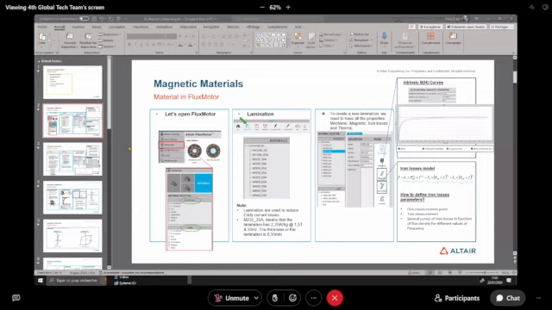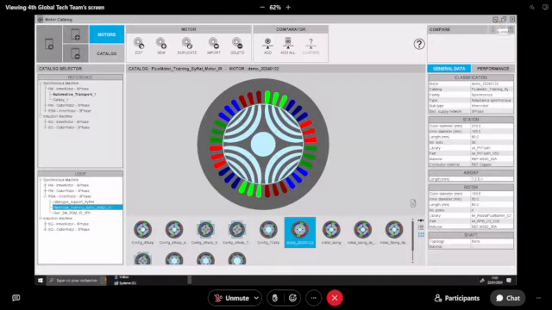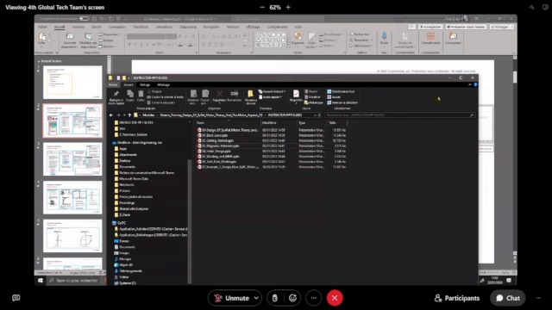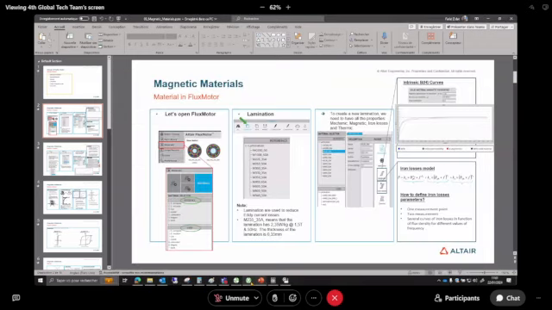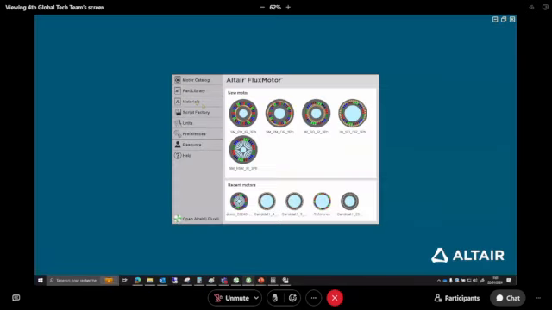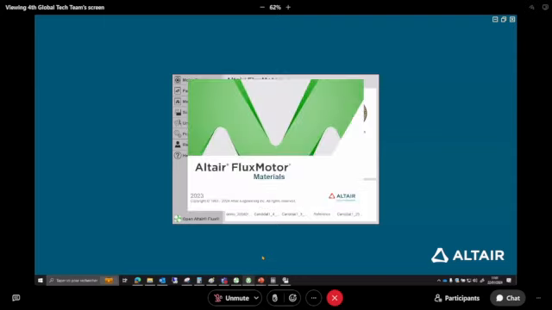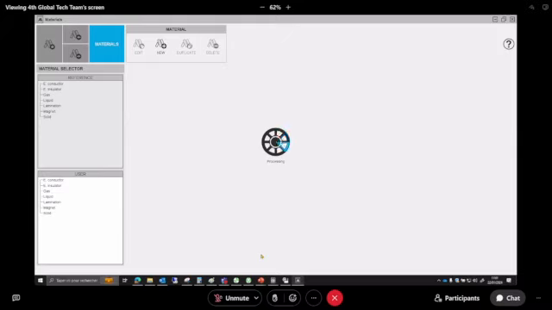in Flux Motor, we do have this materials library. Let me open it here, and then if I go to material library, we do have a few materials for the lamination, for the magnets, and then for the insulation, as well as for the massive part like the shaft and the housing.